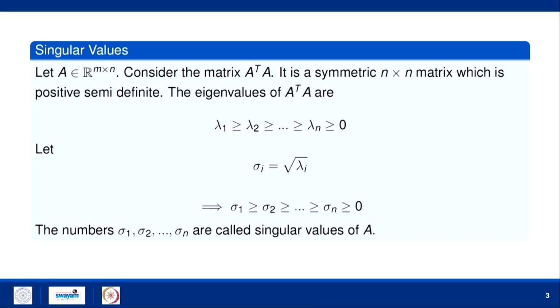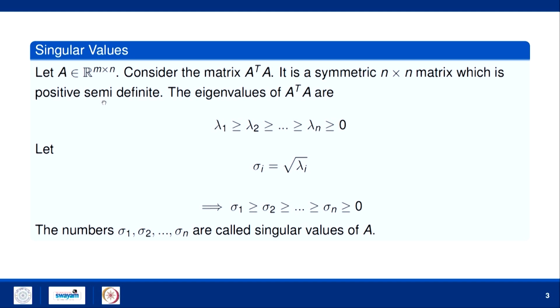Let A be an m by n matrix having real entries. Consider the matrix A transpose A. A transpose A will be an n by n matrix which is symmetric and positive semi-definite. What is the meaning of positive semi-definite here?